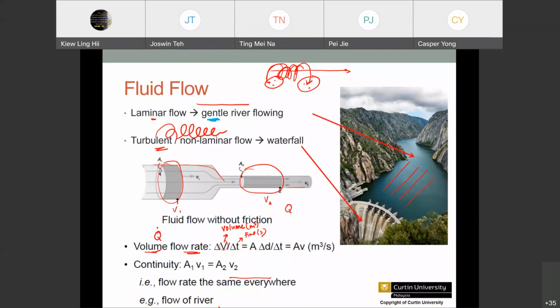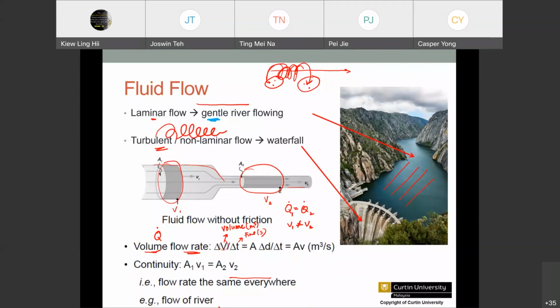Civil also. So these 3 engineerings you will need this knowledge. The volumetric flow rate will be the same, but what will change is your velocity. Velocity will be different, but the total volume will be the same.